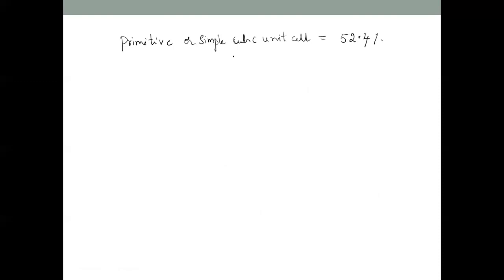In FCC or CCP and also HCP, we have it as 74%. And for BCC, that is body centered cubic lattice, it was calculated to be 68%. So this is how we arrive at the packing efficiency of different types of lattices.